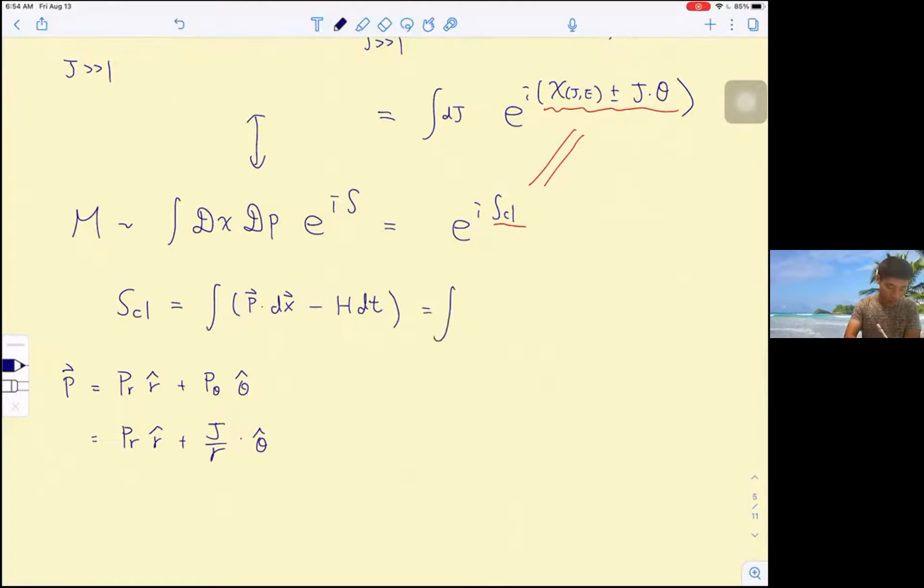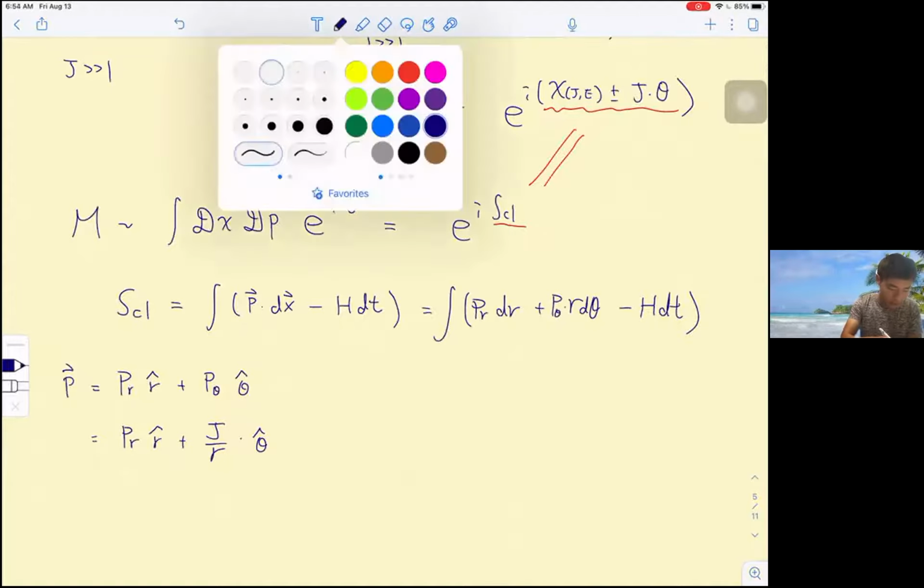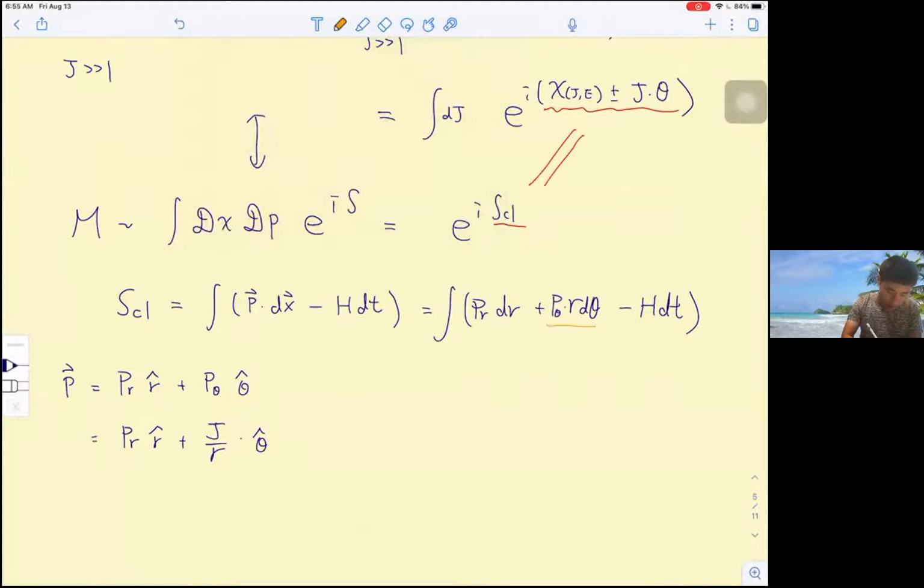So this one I can decompose into PR dr plus P theta d theta minus H dt. And this one I can turn into J d theta.